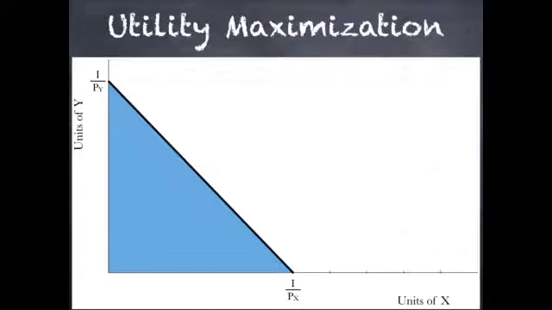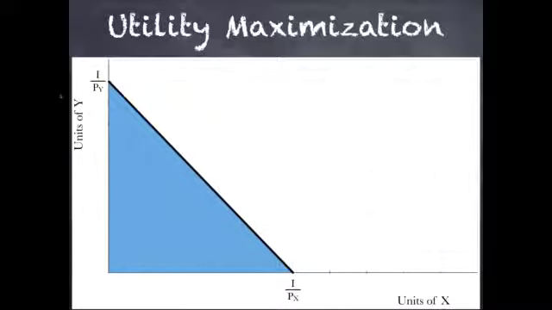So here we have our budget constraint, our budget line. All right. So we're just reviewing what we went over with the budget constraint. And in order to get this, remember, if we want to know the maximum amount of units of Y we can consume, we just take the income we have available to us and divide by the price of Y. And that tells us how much we can consume if we buy nothing but Y. And if we want to know what's the most we can consume of X, if we spend all our money on X, we take the income that's available and we divide by the price of X. All right?